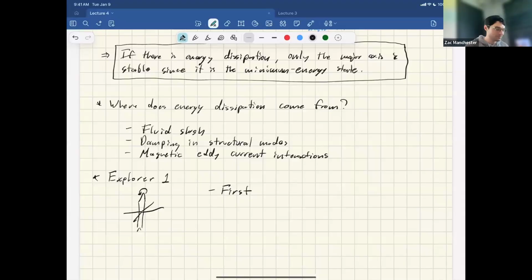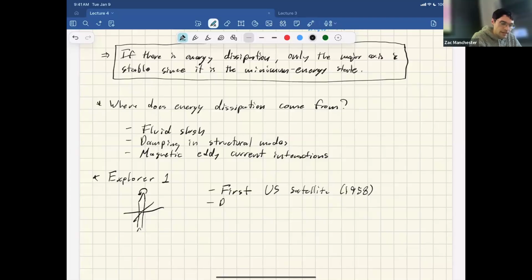And this prompted a rethinking of classical rigid body mechanics, and this kind of energy dissipation thing came about. This is when people figured this out, basically in the late 50s from this first satellite. This was actually just a couple months after Sputnik in 1958.